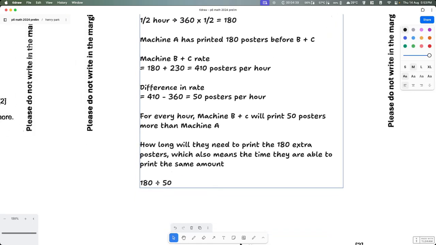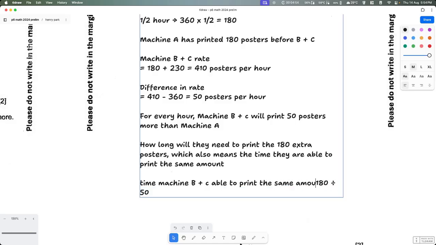The time machine B plus C are able to print the same amount as machine A is equal to 180 divided by 50.